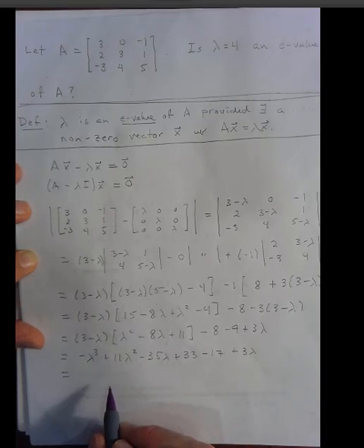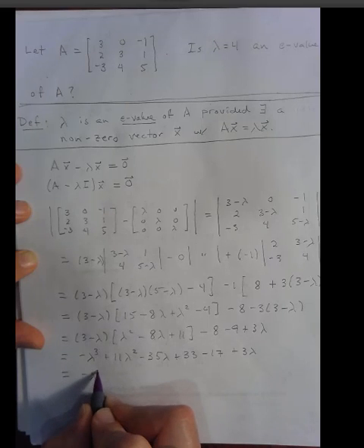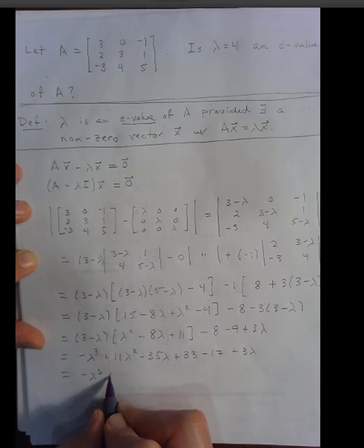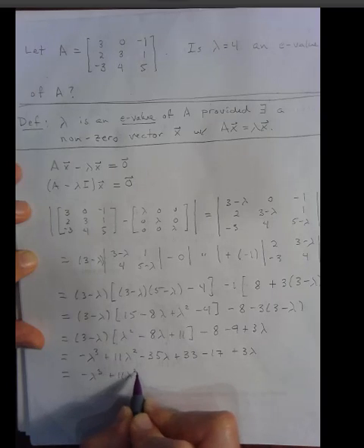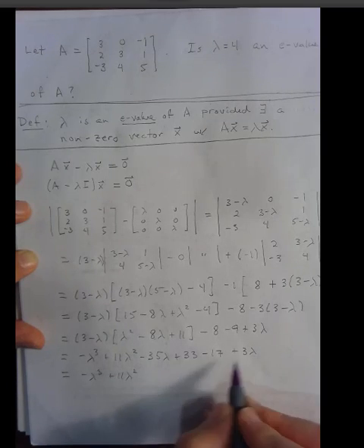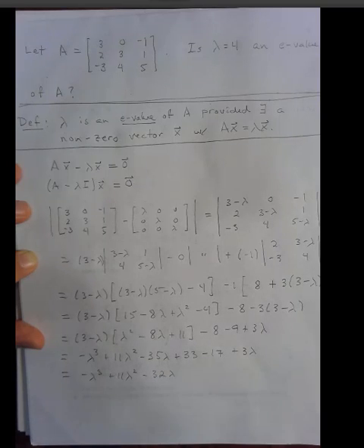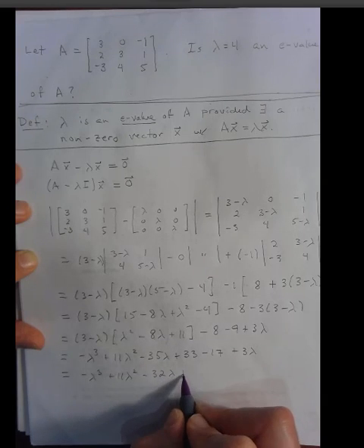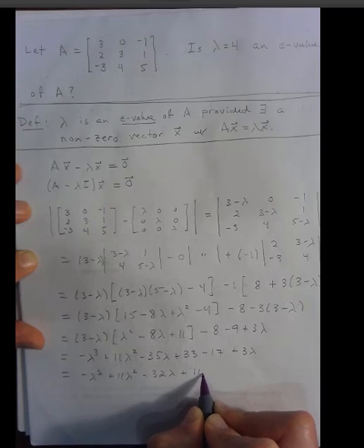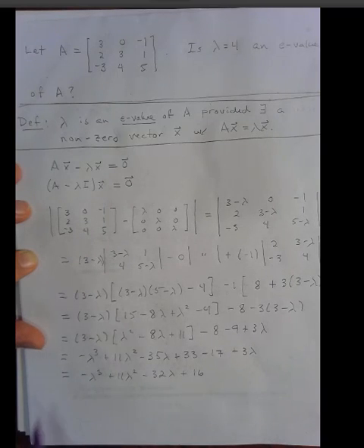So I get minus lambda cubed plus 11 lambda squared minus 32 lambda, 33 minus 17, so that's 16. Okay, so this is my characteristic polynomial, and I'm wondering really just if 4 is an eigenvalue.